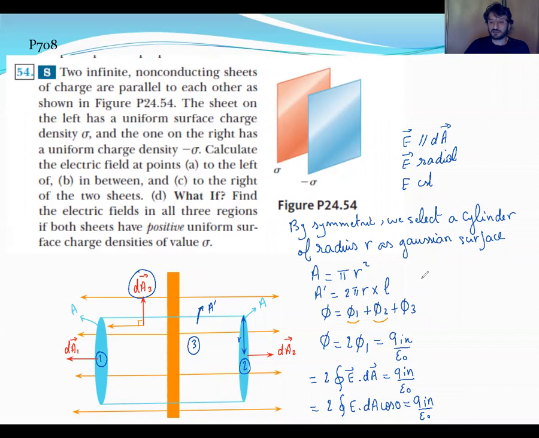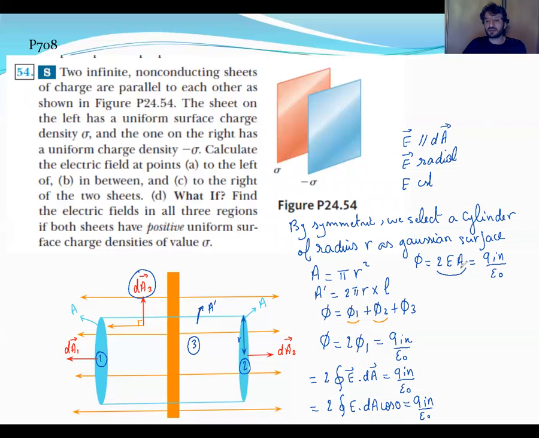Now, E is constant, so we can take E out. The integral of dA equals A. We can write the total flux equal to EA equals Qn divided by epsilon. Let's take the left side, the 2 EA.